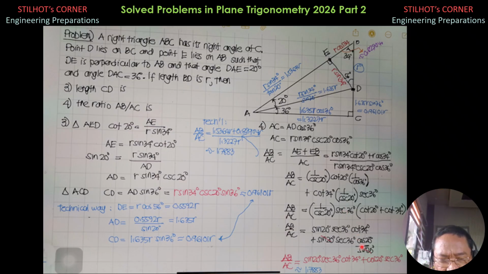That's why you have cotangent 20, which is written cosine 20 over sine 20. So we can cancel sine 20 and write the final answer as sine 20 degrees secant 36 degrees cotangent 34 degrees, then plus cosine 20 degrees times secant 36 degrees. So that's it. And if you add that using your calculator, evaluate this, that's 1.7883, which is the same as that. So I hope that you gain that technique.